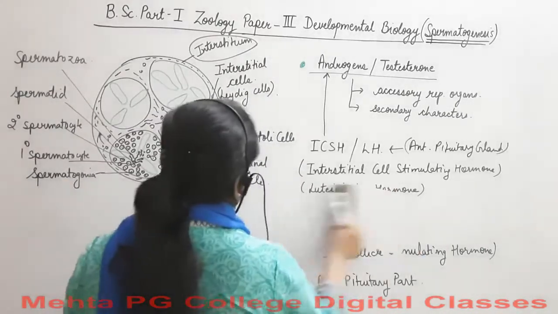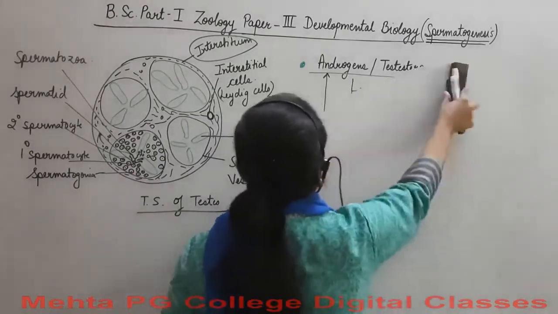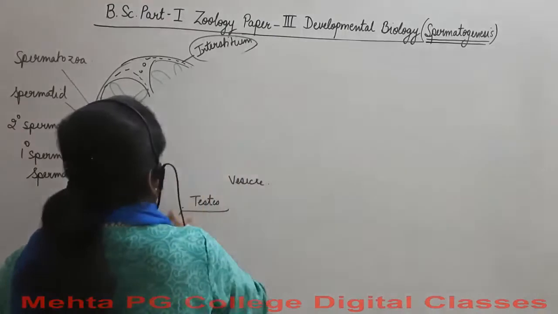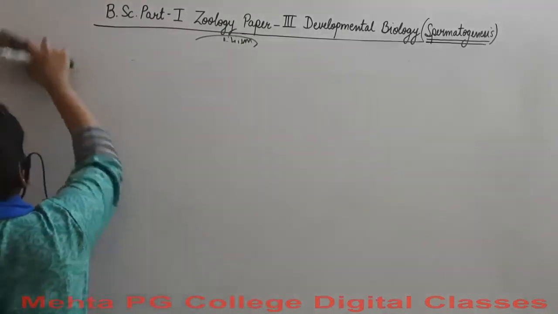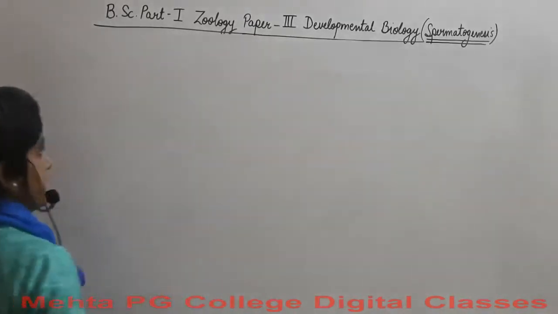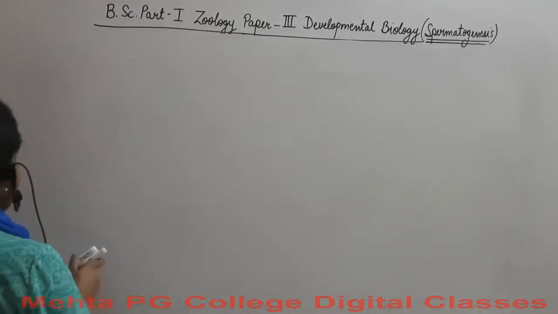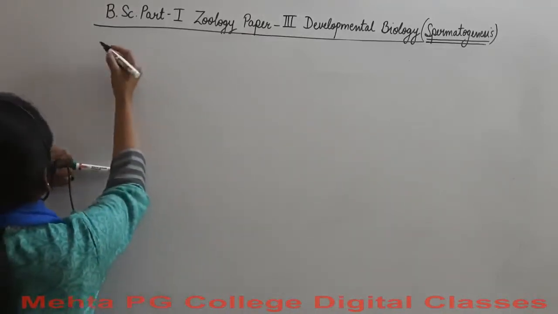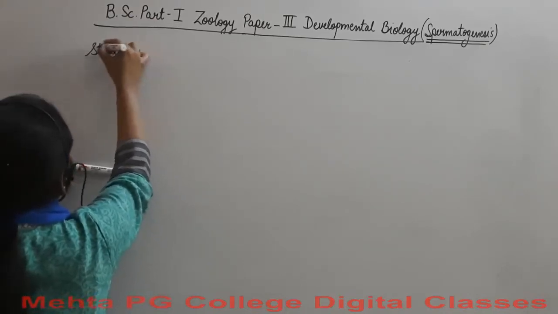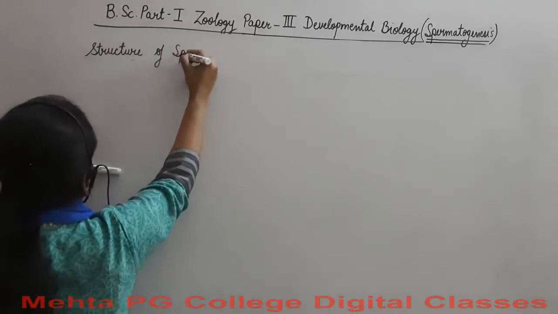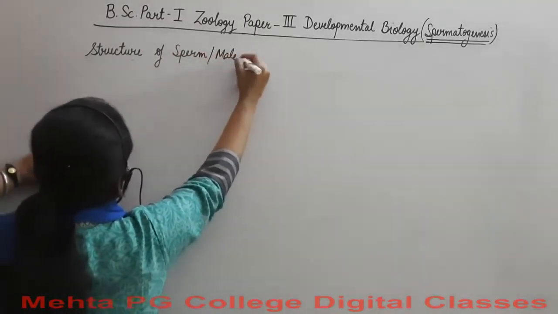Now, as a result of spermatogenesis, what is formed? The male gamete or sperm is formed. So we will focus on the structure of the male gamete, or sperm.